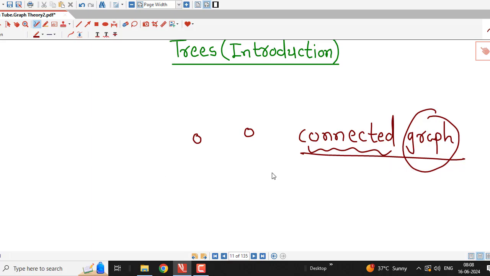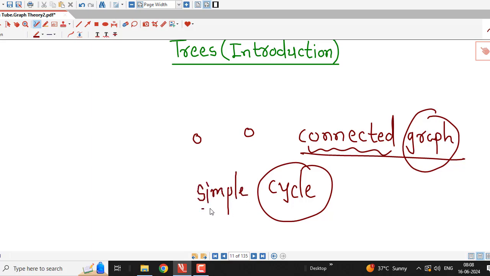And we will require another definition, which is the definition of a cycle. A cycle is a path whose initial and terminal vertex are equal or same. And a cycle is called a simple cycle if all the edges in the cycle are distinct.